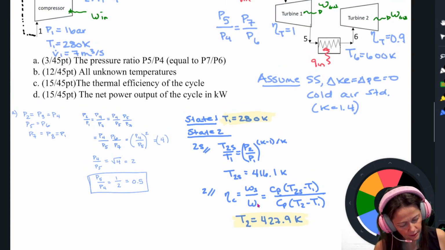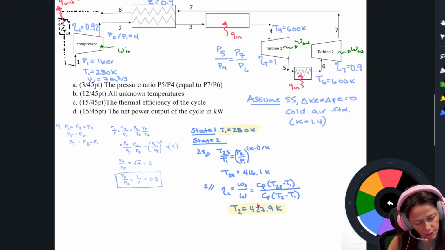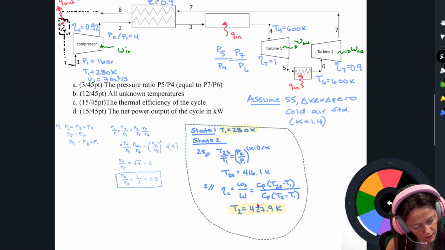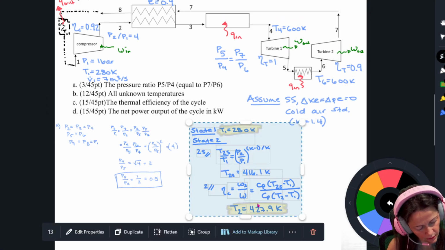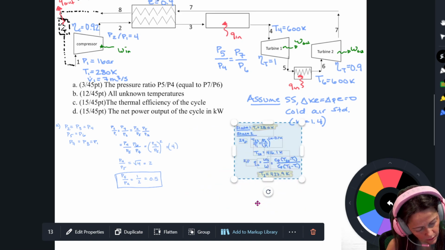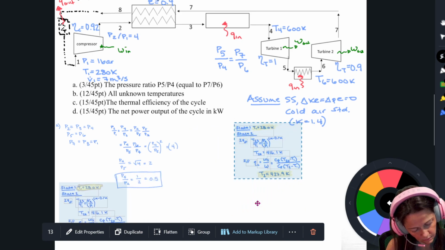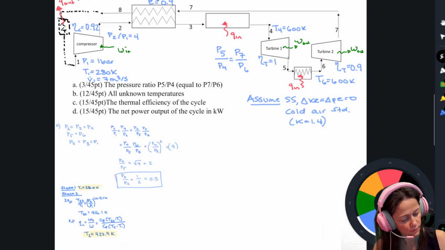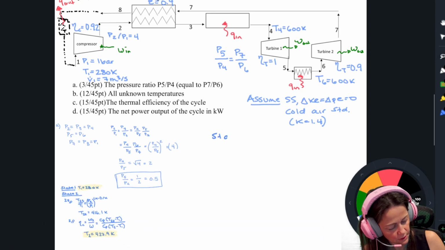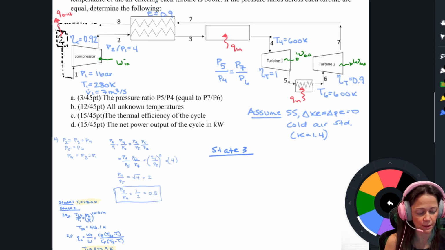All right, so let's keep on going. Let's go to T3. Okay, so go into state 3. State 3 is after my regenerator.